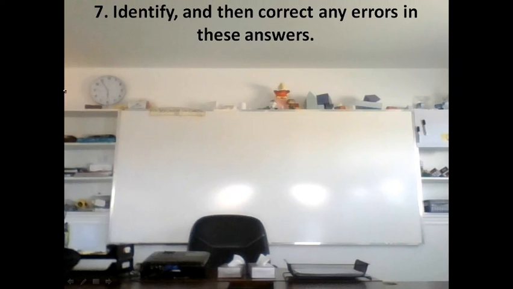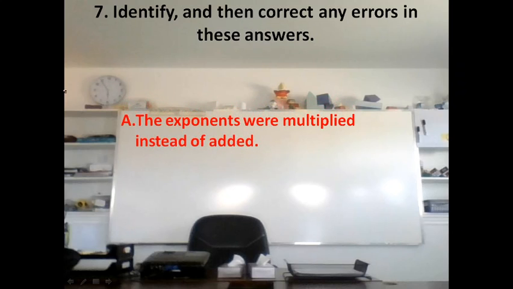Now, if you need to identify and then correct an error, there's a few simple things you can look for. So for these questions, it can be a bit of a trial and error. It is helpful to know that some common errors people make when solving these types of questions can be A, the exponents are multiplied instead of added. Sometimes you will multiply exponents.